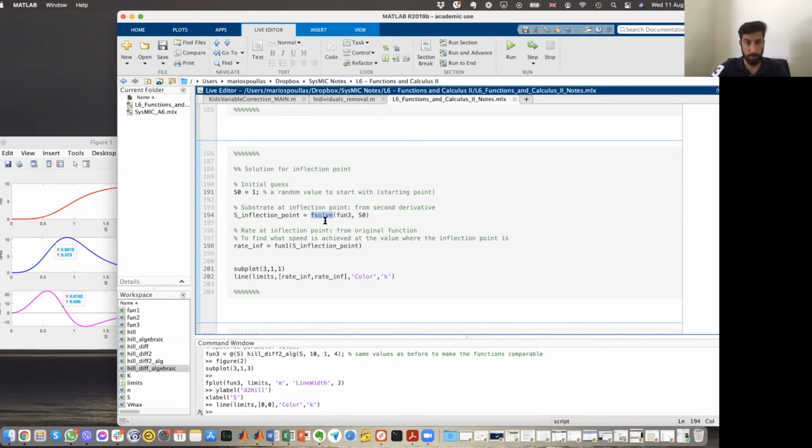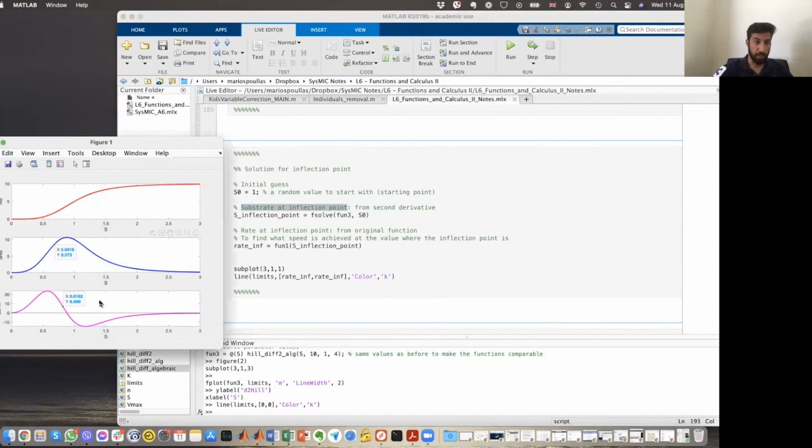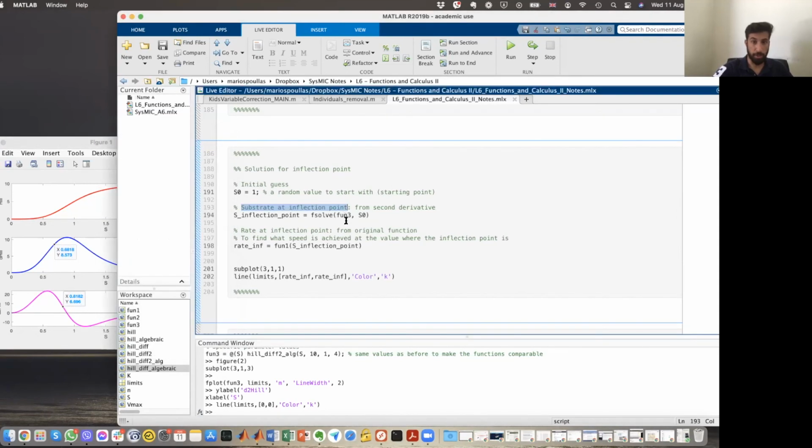We've discussed this in the previous lecture. So we are aiming to see the substrate at the inflection point, and we can only do that from the second derivative function. So we are using fun3, which is the second derivative function.